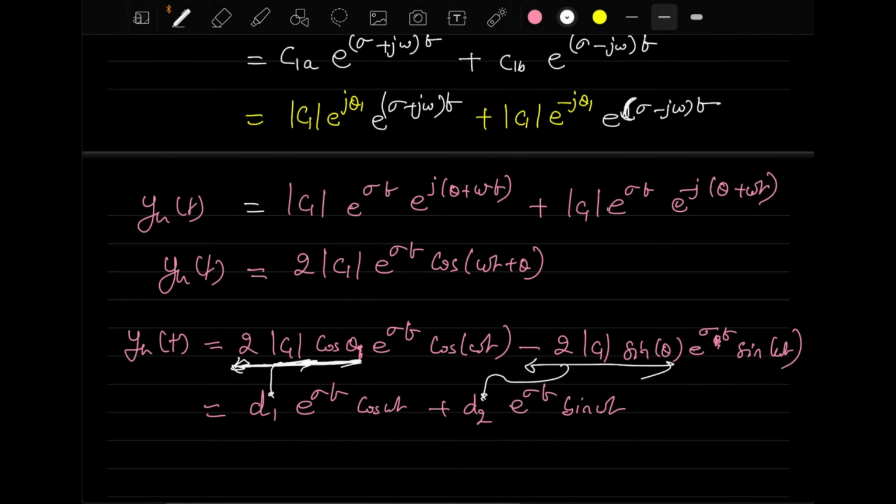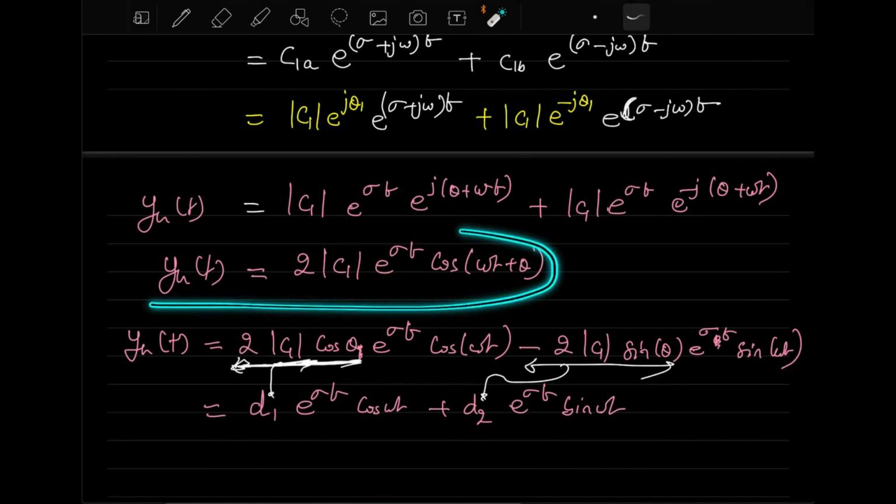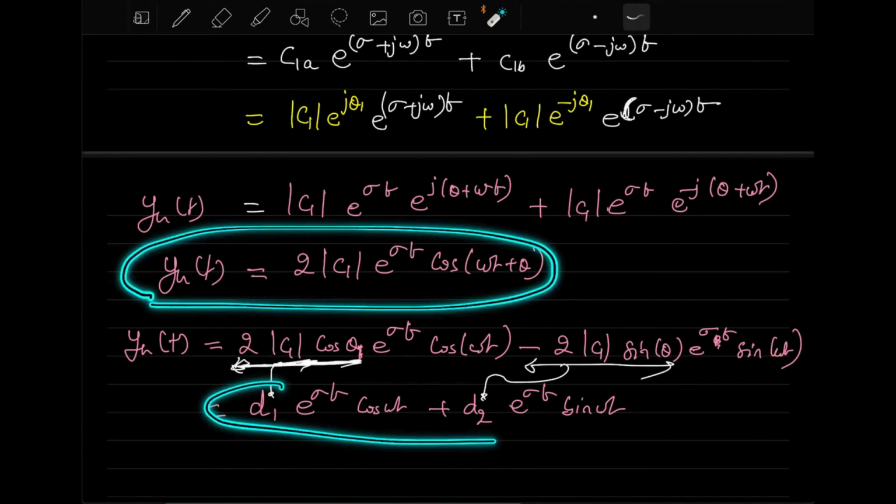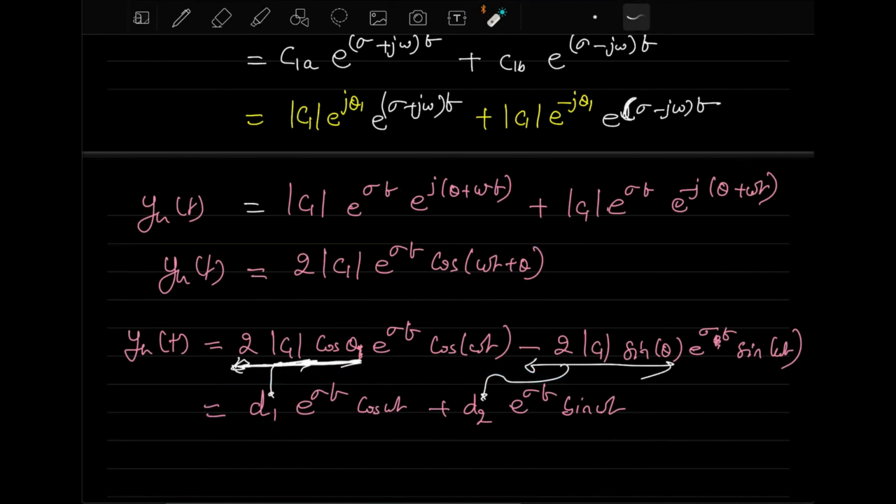This is again a second way of representing the same solution. Either of these will be okay. The first is this one, and the second format is this one. These two solutions are the same, and they arise because your roots are complex.